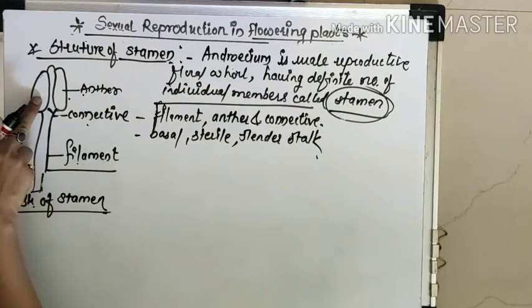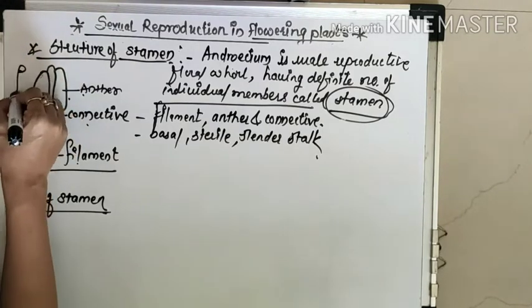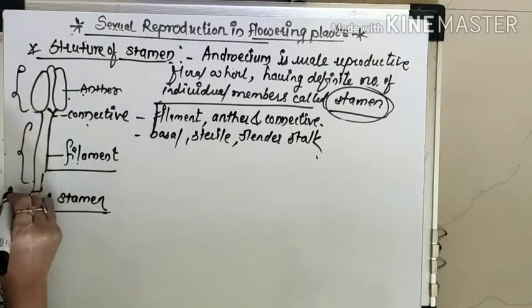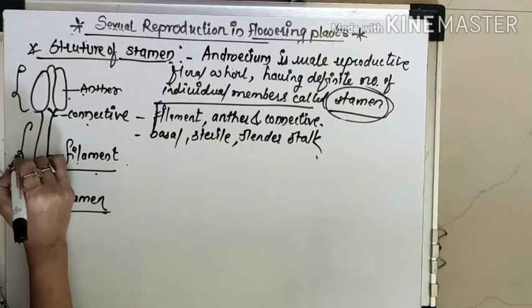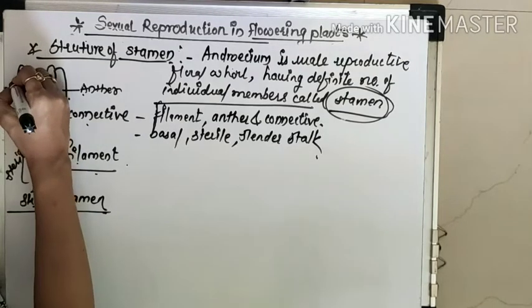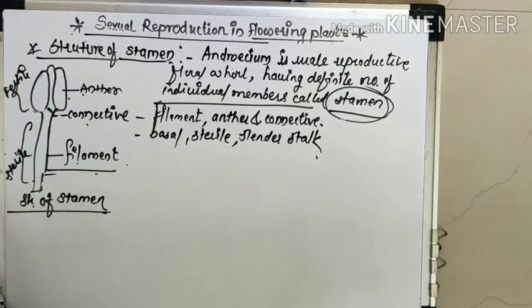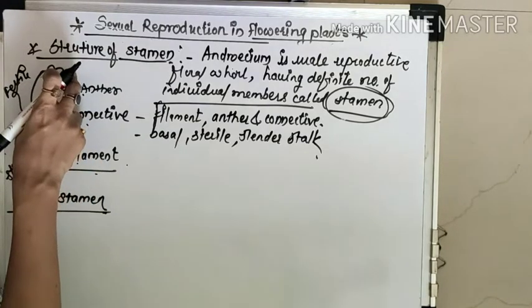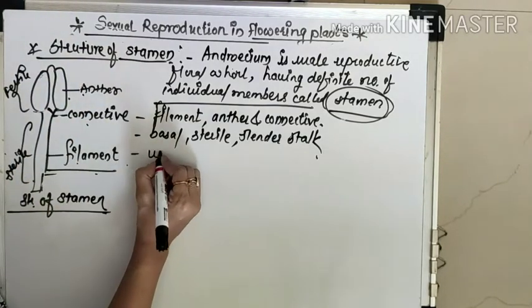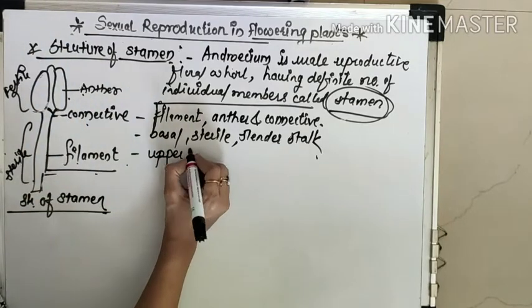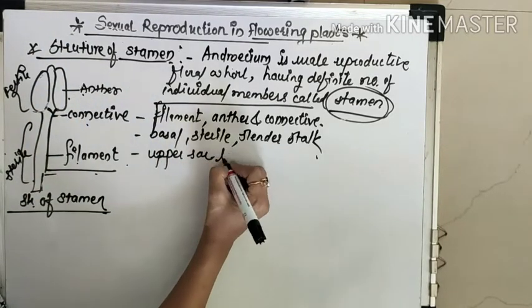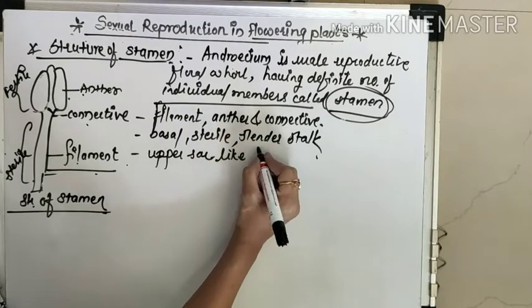And the anther is an upper sac-like part, and it is the fertile part of the stamen, while the filament is the non-fertile, sterile part. The anther is upward, a sac-like fertile part.